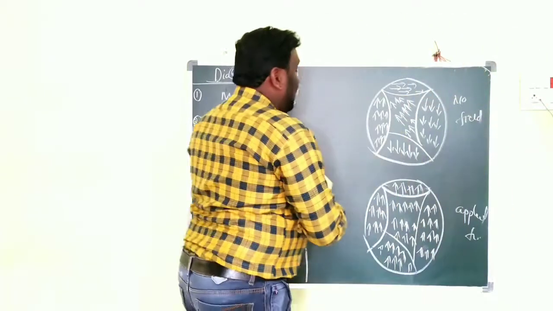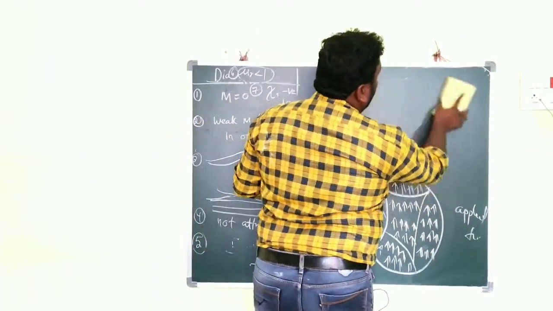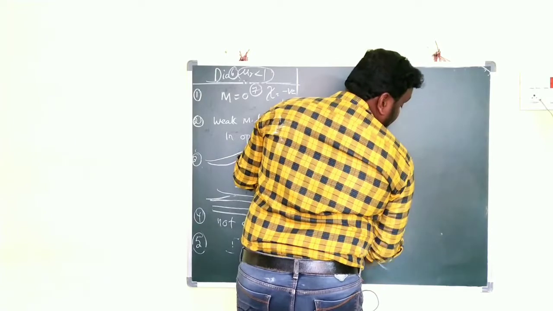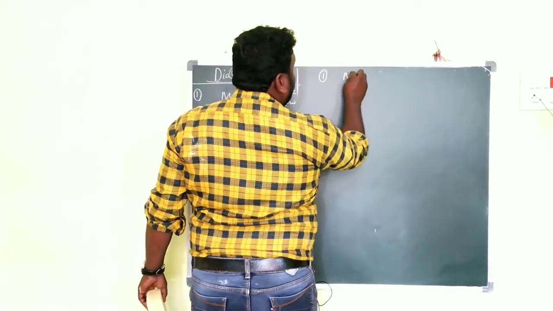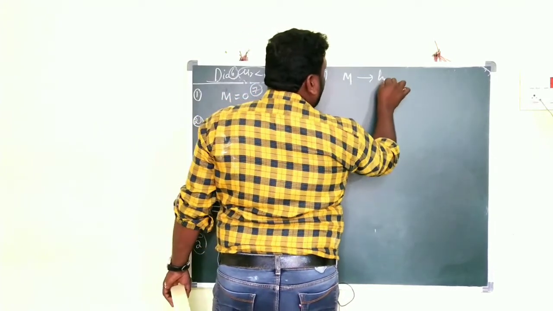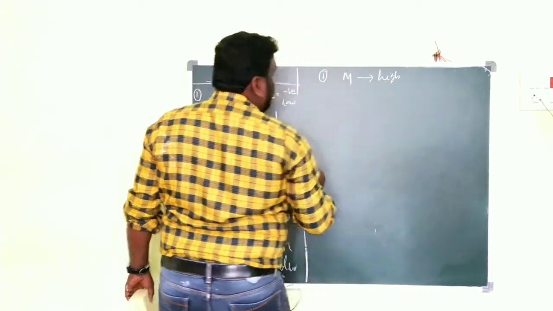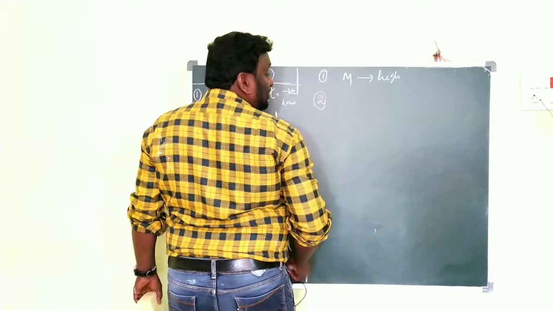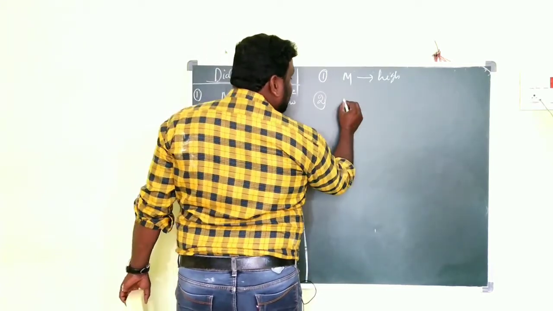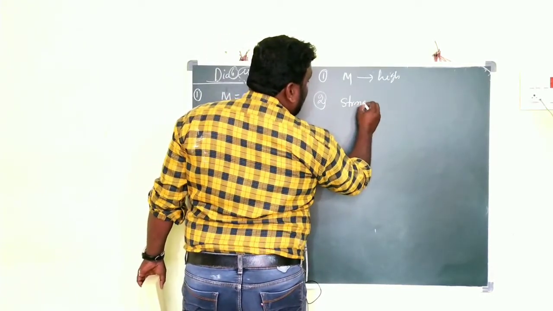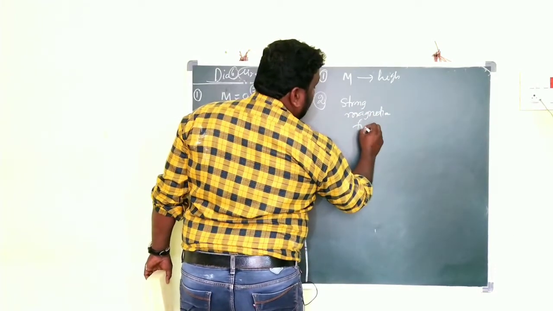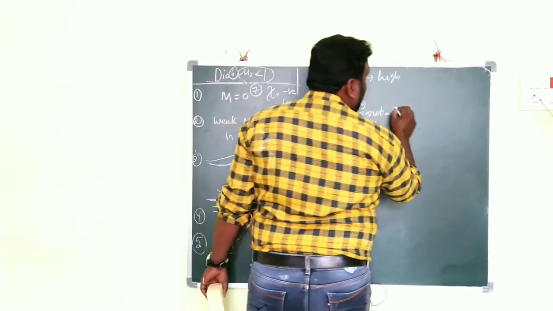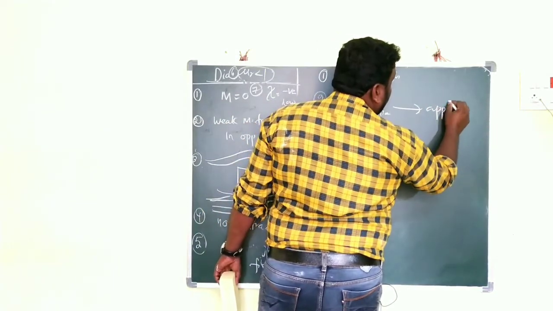Okay, children. And now in this case, we can go for properties. Here, what I told you, in this case the M value is very high. What's that? It's very high. And ferromagnetic substances can produce a strong magnetic field in the direction of the applied magnetic field.